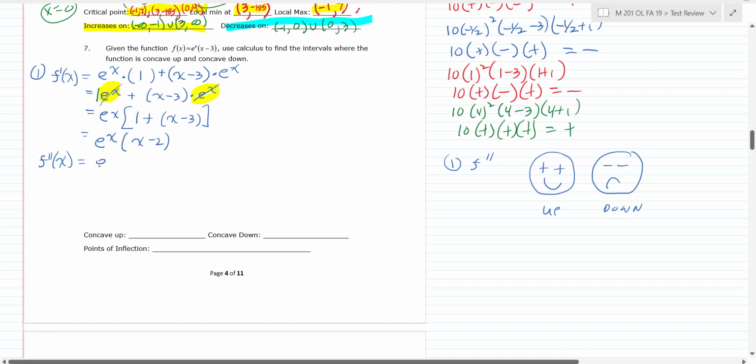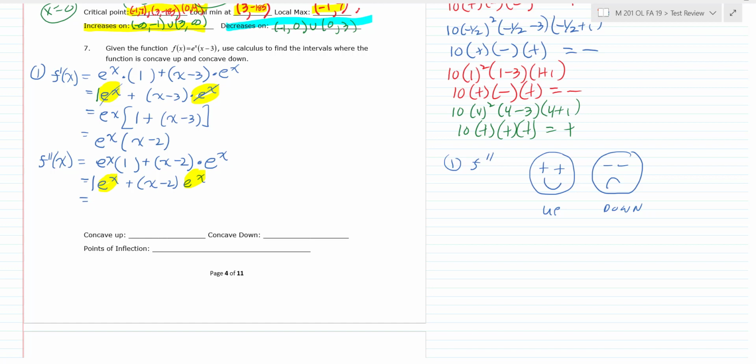First is e to the x, derivative of x minus 2 is 1, plus the second, times the derivative of the first. The derivative of e to the x is e to the x. Okay, so we get e to the x plus x minus 2 times e to the x. And then again, I'm going to take out this common factor of e to the x.